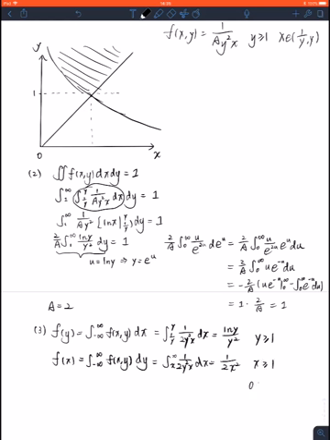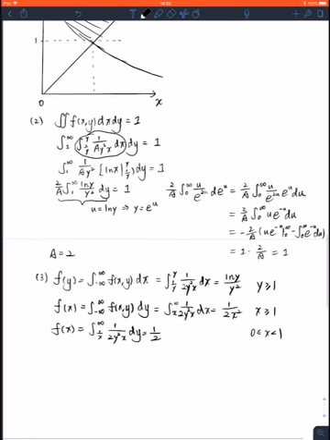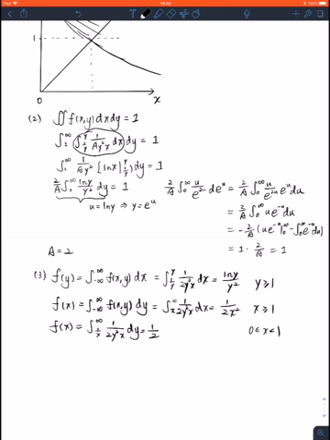And when x is ranging from 0 to 1, we should have f_X equals the integral from 1 divided by x to infinity of 1 divided by 2 times y to the power of 2 dy. That should be 1 divided by 2. And now we know both the marginal density function of x and the marginal density function of y.